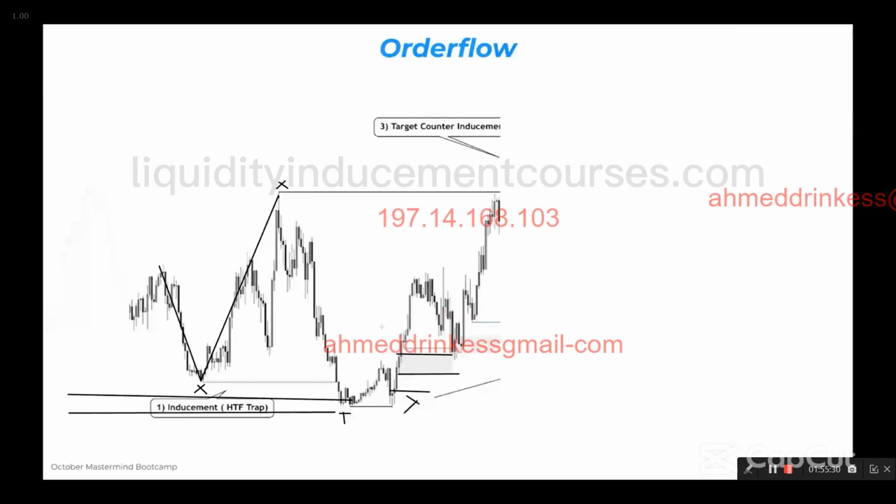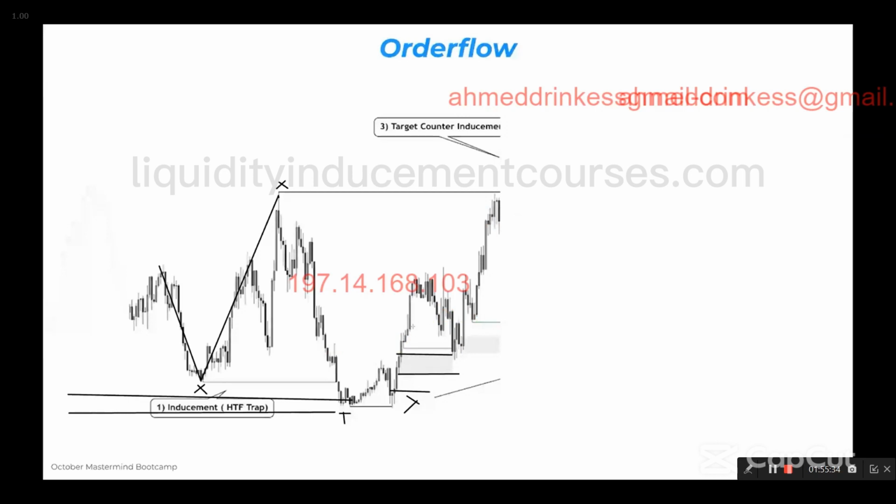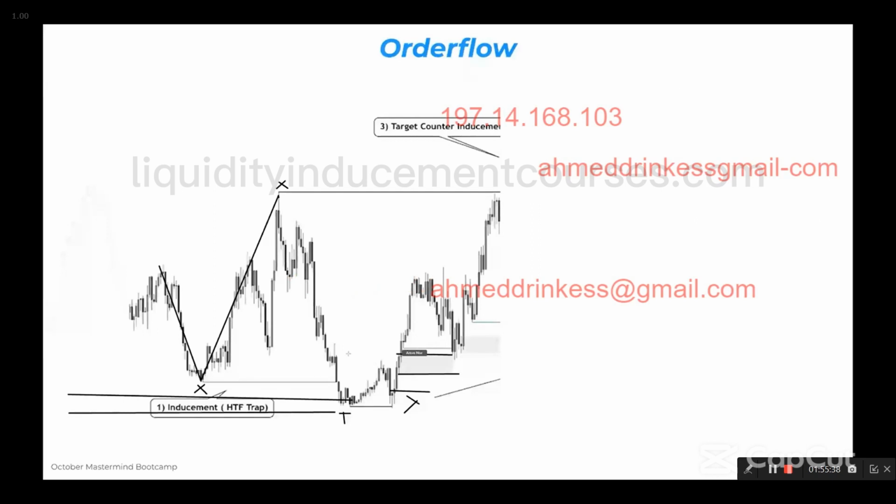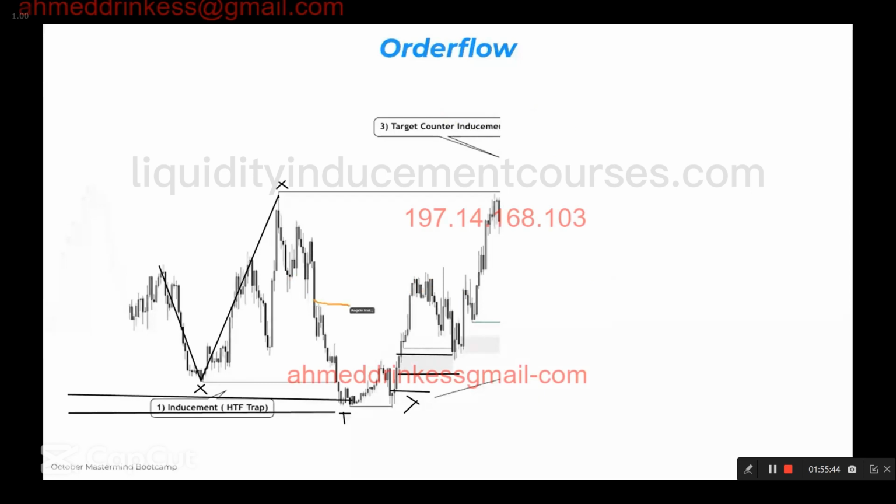Where's our engineered liquidity within here? Well, this is where the price first picks up and then rallies off. Where's the engineered liquidity over here? There you go.